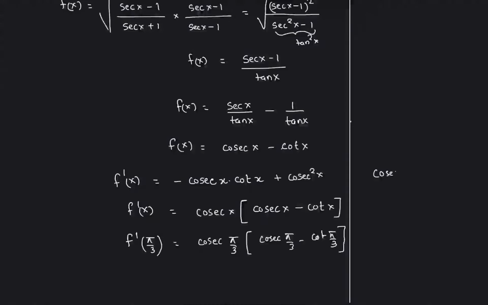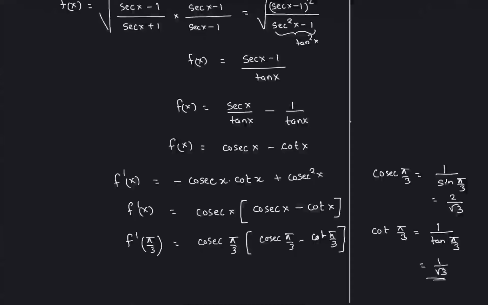So cosec of pi over 3 is same as 1 over sine of pi over 3, and we know sine of pi over 3 is root 3 over 2, so this can be written as 2 over root 3. And cot of pi over 3 is 1 over tan pi over 3. Now tan of pi over 3 is root 3, so this will be 1 over root 3.